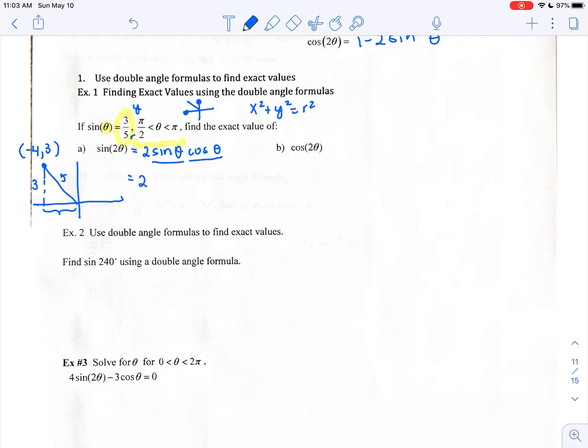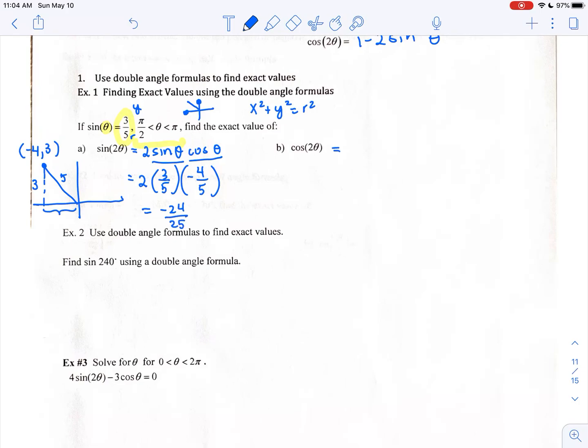Sine of theta is opposite over hypotenuse, or y over r, or 3/5, what was given to us at the start. Our cosine of theta would be -4, or x, over r, which is 5. We simplify that out and we get -24 over 25.